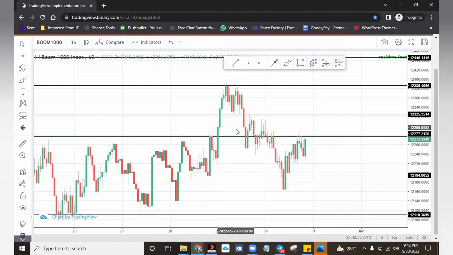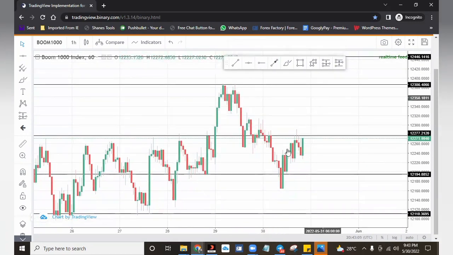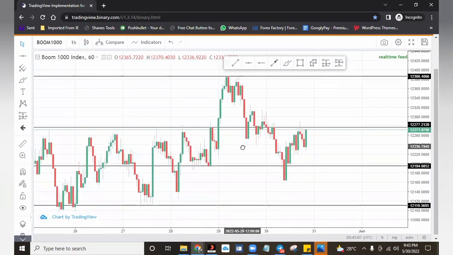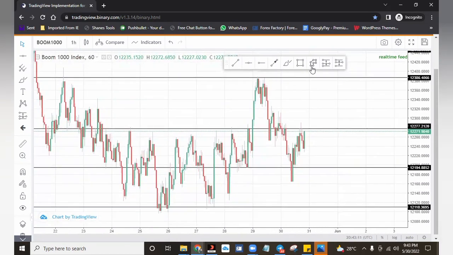So to prevent such confusion, it is best you go along with just a few lines, so that you can have a cleaner chart. Already with the few lines I have put here, it's easier for me to spot that if price can come out like this, I will look for a buying opportunity all the way to the zone.